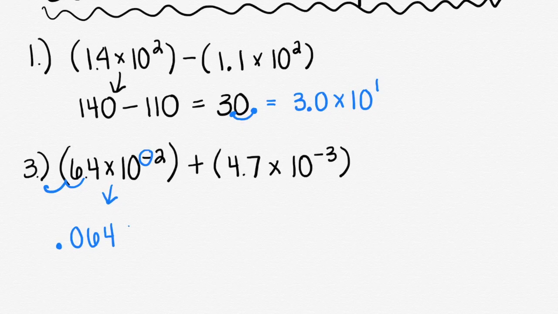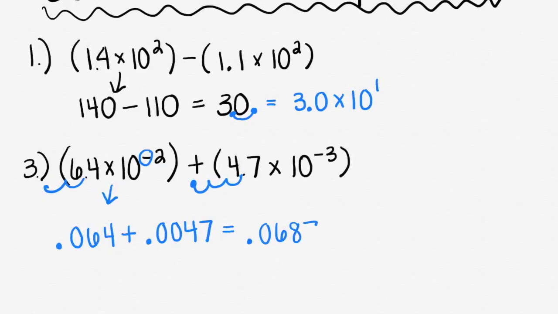So we've got 0.064, and we're adding that to... okay, we're going to move this over 3 times. 1, 2, 3. So that'd be 0.047. So in your calculator, press those numbers in, and you get 0.0687.